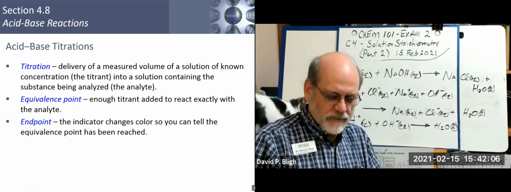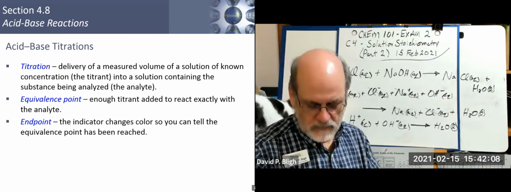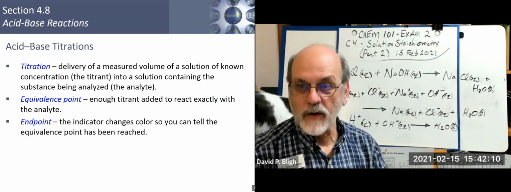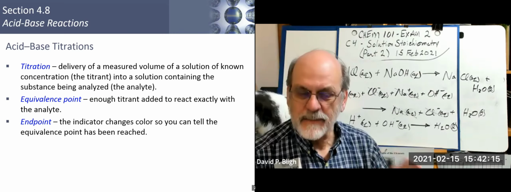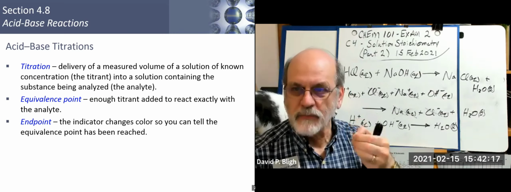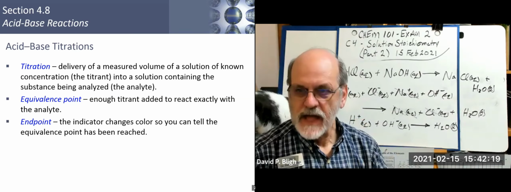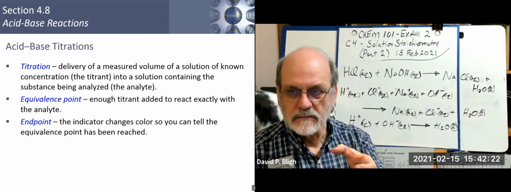So very often we refer to acid-base reactions in terms of how they are performed. And acid-base reactions typically are performed in a stepwise manner. You have a known amount of one.